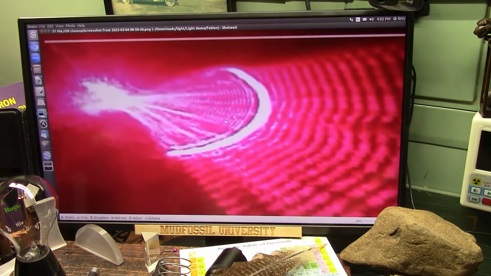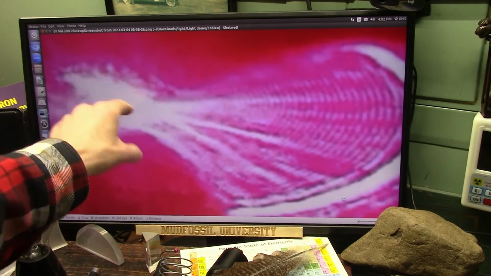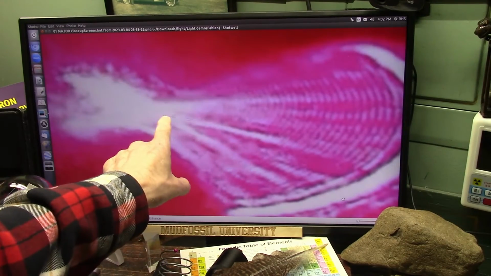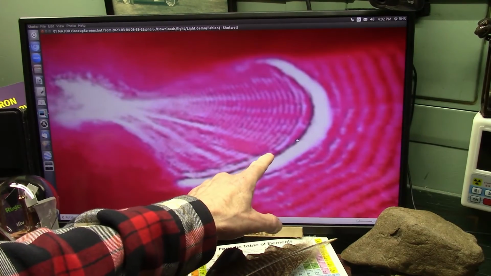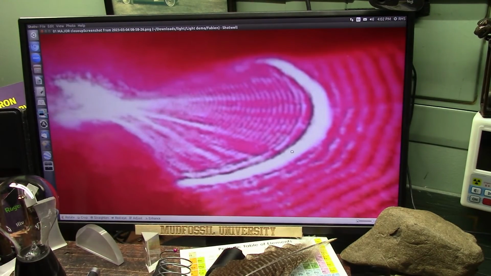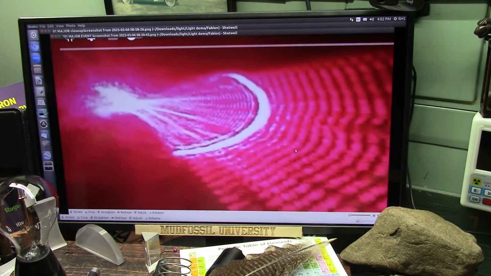Here it is right here. This just had just enough to let a taste of black through, see it? The black could get through just a little bit, and here it is, pushing the white. So the black can push the white, and the white has no mass.